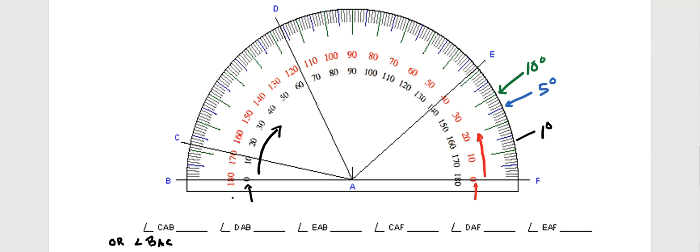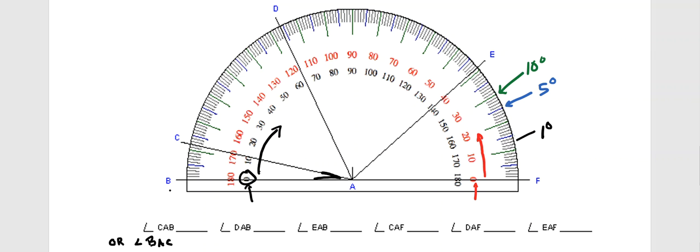And it might be helpful to view it that way because when I look at BA as one of the rays forming the angle, I notice that's where it cuts through 0, right there. As a result, I'm going to want to read my angle in that direction, starting at 0. So I'm going to use that inner black scale and moving clockwise from there to get to the other side of our angle, that ray AC.